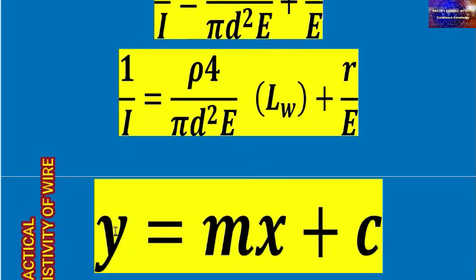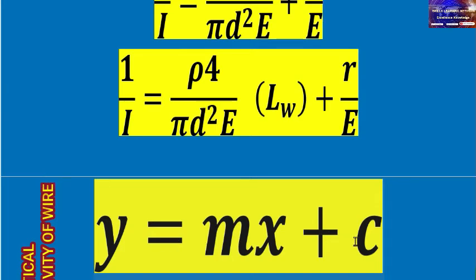The general equation will be 1 over current is equal to resistivity times 4 over pi d square times EMF times LW, plus R over E. You see our general equation obeys the nature of our graph, 1 over I against the length of wire, and this obeys the nature of the graph Y is equal to mx plus c.